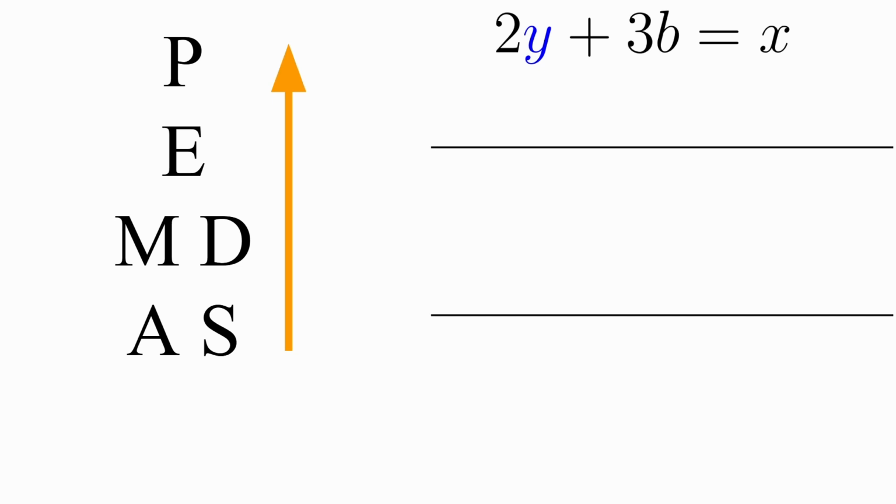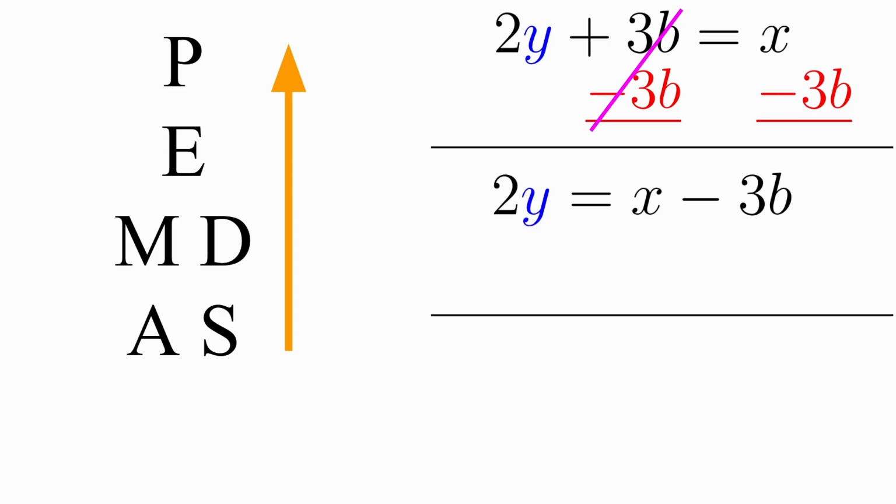Well, if you look at that chart and read it backwards from the bottom to top, addition subtraction comes first. So we're actually going to take care of the 3b first. So the 3b is being added. The opposite of addition is subtraction. So we're going to subtract 3b from both sides. 3b minus 3b is 0. And we are now left with 2y equals x minus 3b.